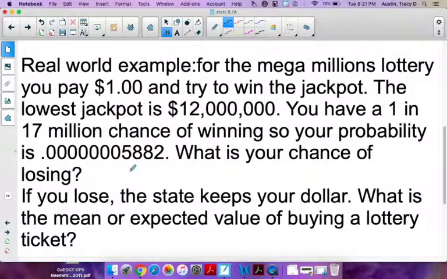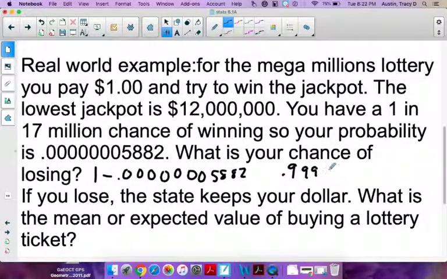That is 1 in 17 million. So your chance of losing is 1 minus 0.0000005882, which would be something like 0.99999941118.